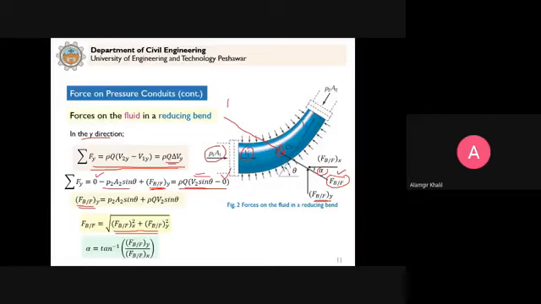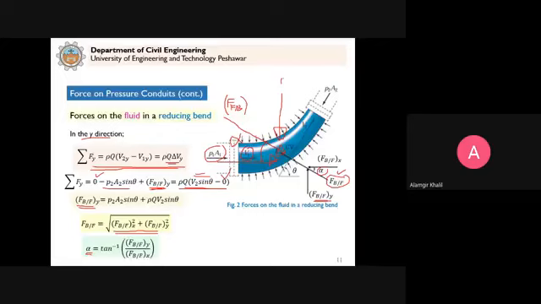This will be equal and opposite to this value. This will be the force of the fluid on the bend. And similarly, you will have its y and x components, and also its orientation, that alpha will be the same as this, calculated by this equation here.